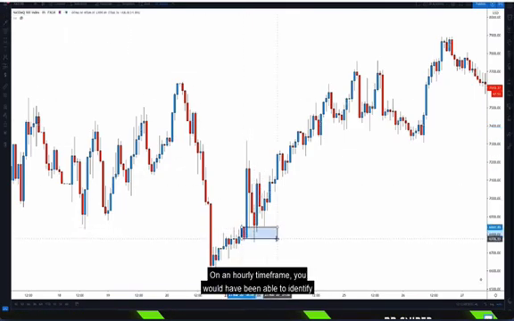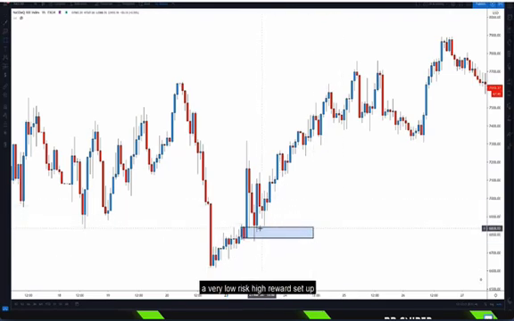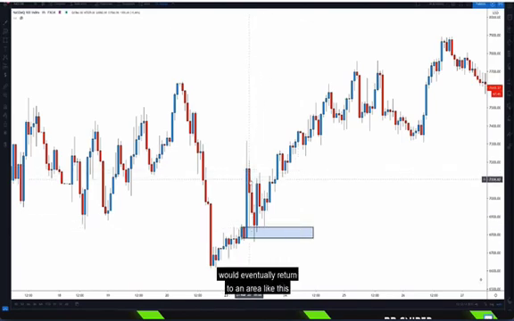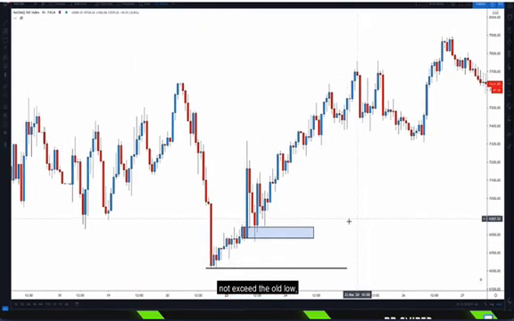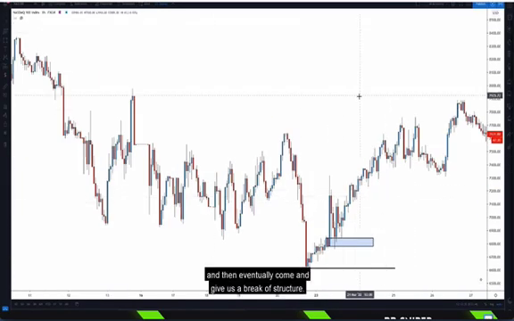On an hourly time frame, you would have been able to identify a very low risk, high reward setup based off of an expectation that the market would eventually return to an area like this, near that 6750 quarter level, not exceed the old low, and then eventually come and give us a break of structure.